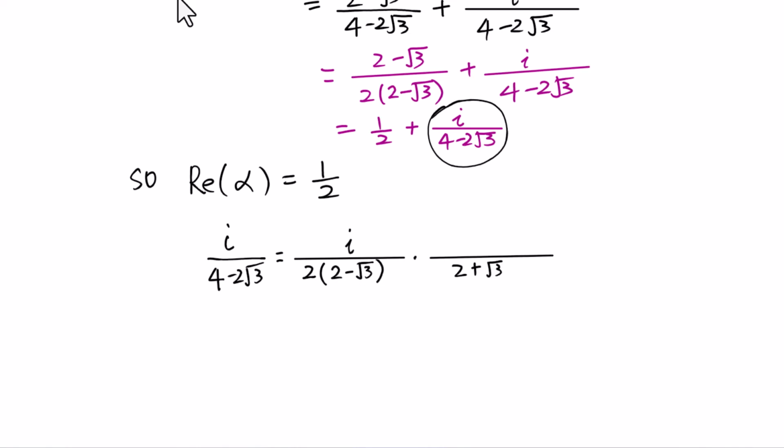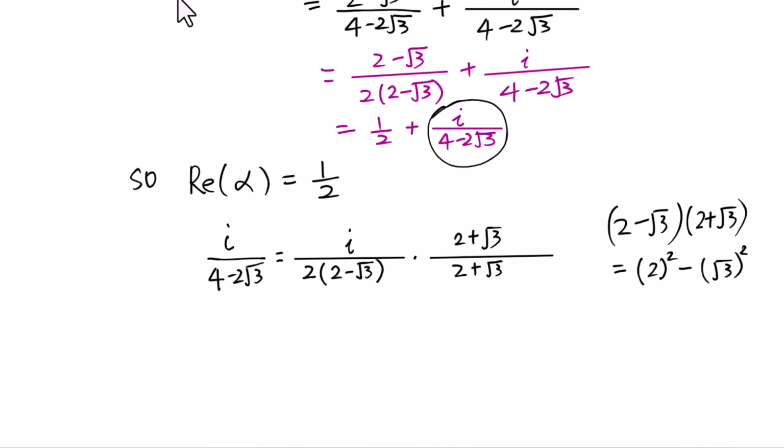Then multiply by the conjugate of 2 minus the square root of 3 for numerator and denominator. 2 minus the square root of 3 times 2 plus square root of 3 equals 2 squared minus the square root of 3 squared, which is 1.